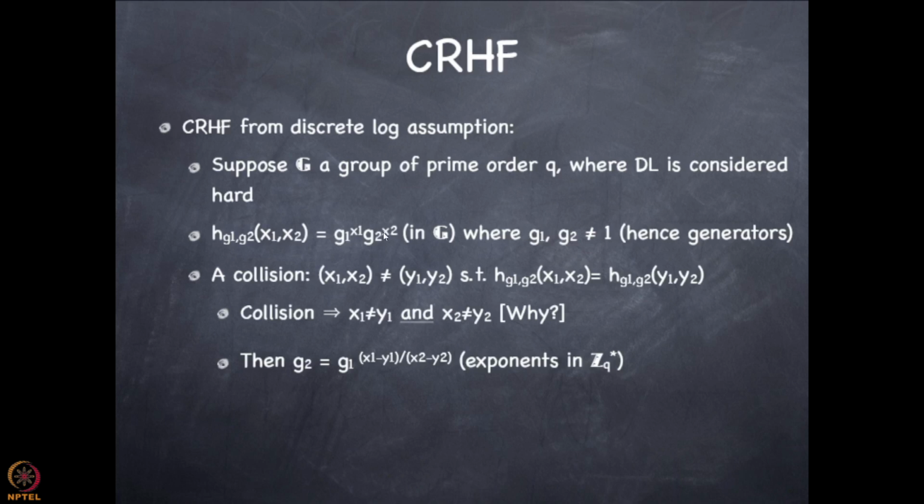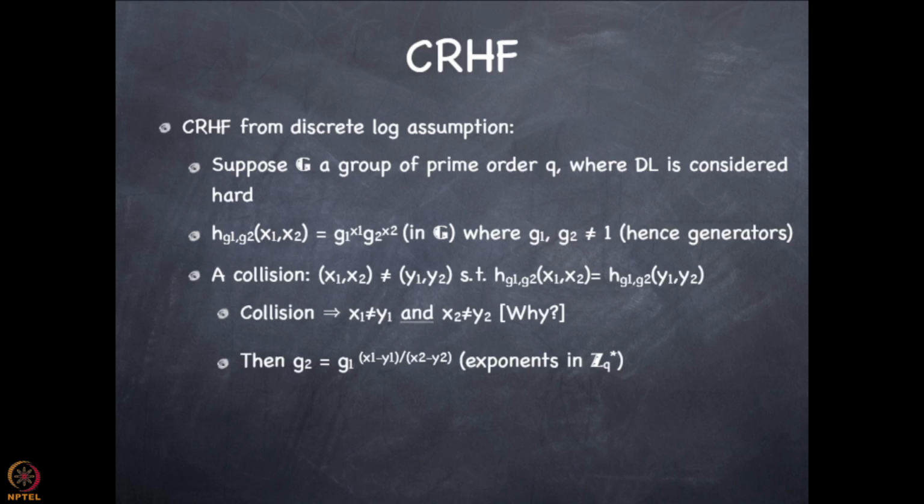You'll be left with g2 to the power x2 divided by g2 to the power y2 equals g1 to the power y1 divided by g1 to the power x1, which I am rewriting as g2 to the power x2 minus y2 equals g1 to the power y1 minus x1. Okay, I think it should be y1 minus x1. But you can write an equation essentially of this form.